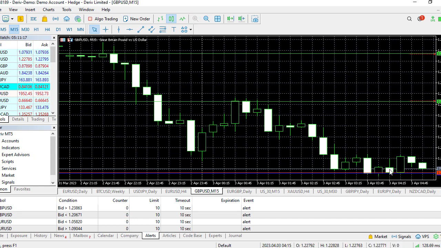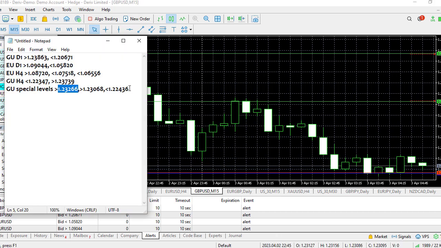Although we're not going to trade it, let me set an alert there so that we'll see how it plays out. Close to 1.22771.